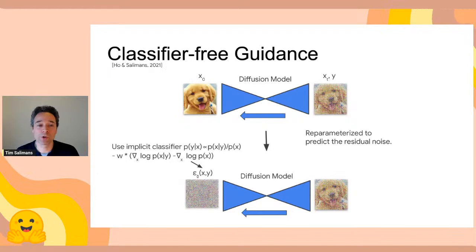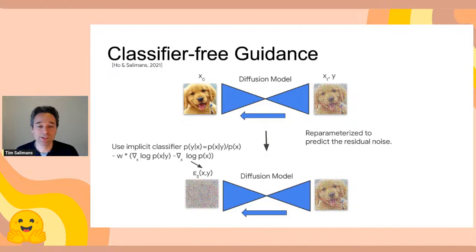We did some follow-up work on this using a technique that we call classifier-free guidance, where instead of an explicit classifier, we use an implicit classifier using Bayes' rule. So we say the probability of the label given the data is proportional to the probability of the data given the label divided by the unconditional probability of the data.